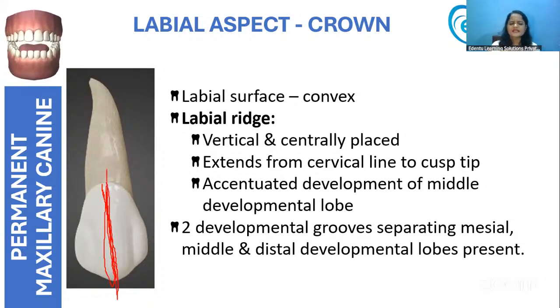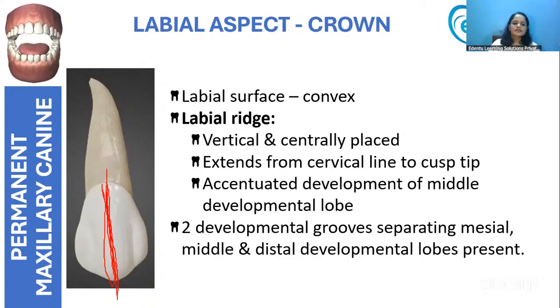Since it's a 2D view, you may not be able to appreciate it much, but when you look at the natural human tooth, you can see a very prominent area on the labial aspect of this maxillary canine, called the labial ridge.